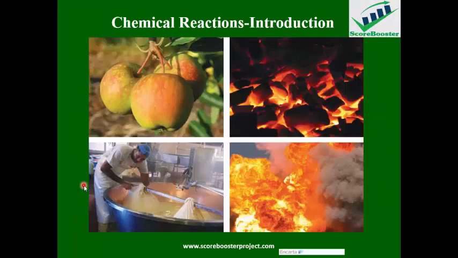So the picture we are seeing is just a pictorial representation of 4 different reactions. The first one is the ripening of fruit. This is an apple. If we are familiar with what happens during ripening of fruit, you can see that it takes place over some days.